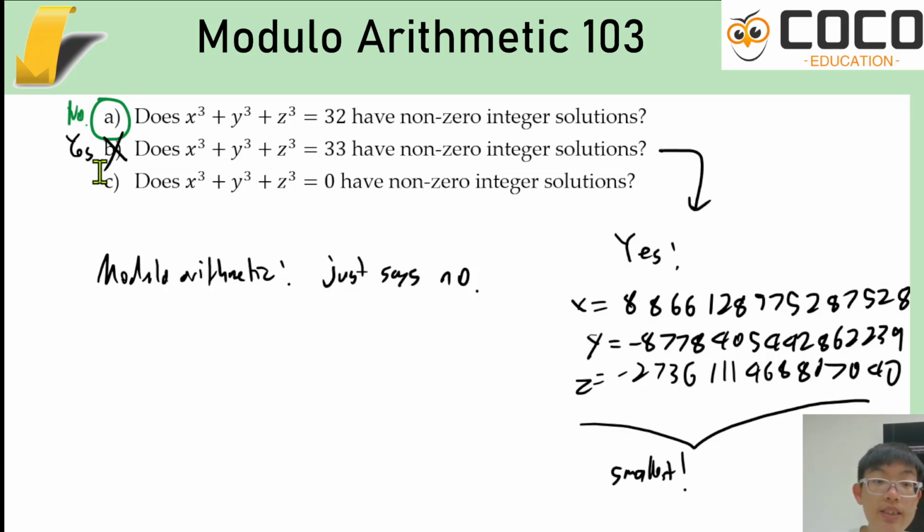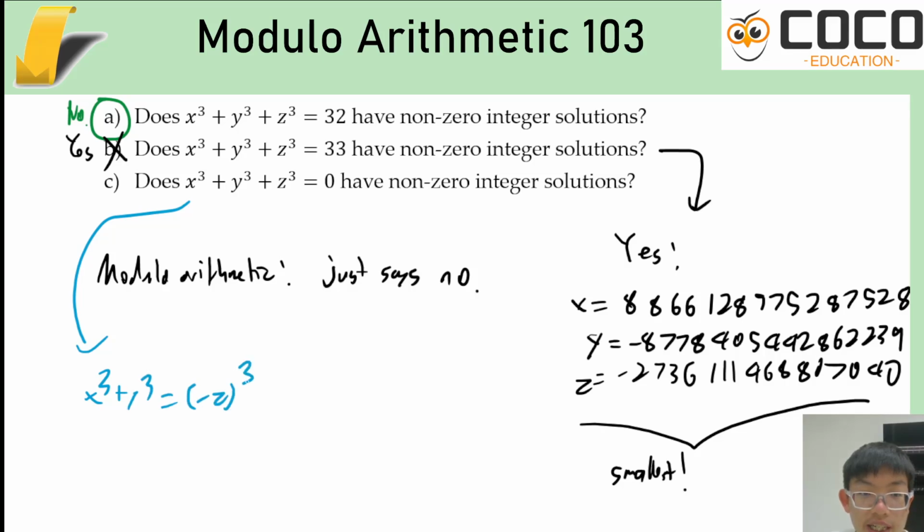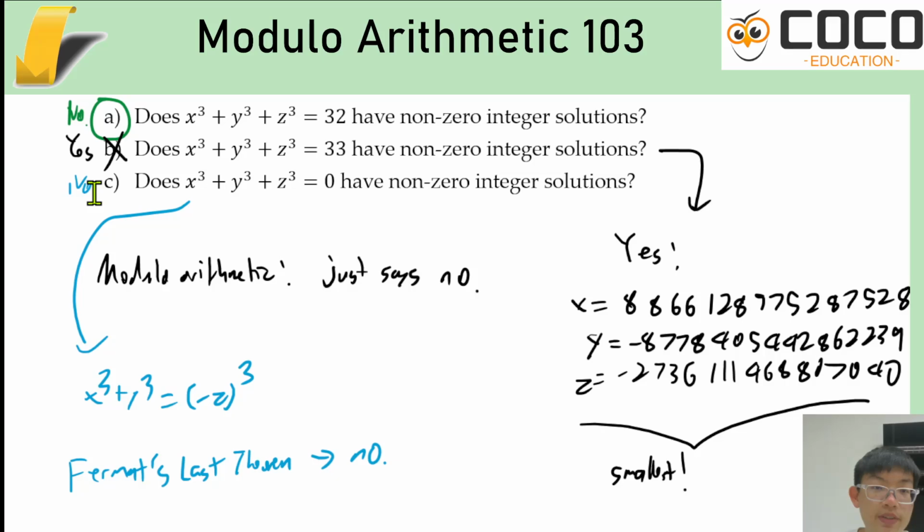Neither, of course, is part C. We are hopefully familiar with this to realize that this is just a rearrangement of Fermat's last theorem. Which, of course, tells me the answer is no, but the proof of Fermat's last theorem is a few hundred pages long.